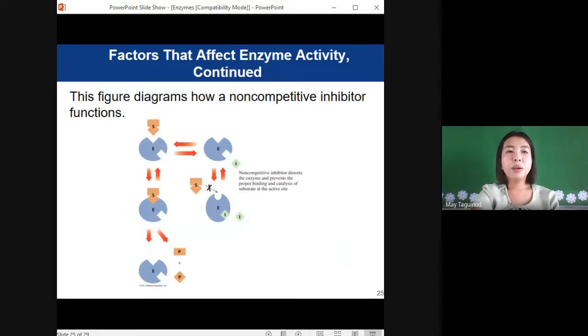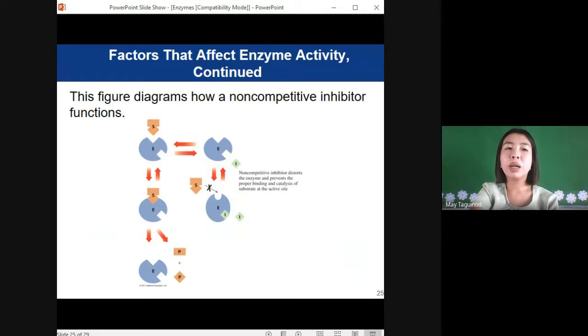These diagrams show how a non-competitive inhibitor functions. Non-competitive inhibitors do not resemble the substrate. They do not compete for the enzyme's active site.